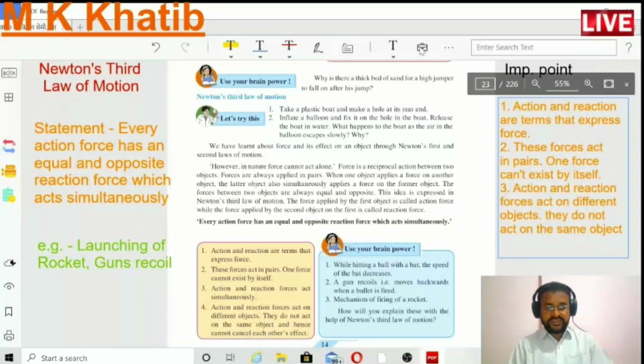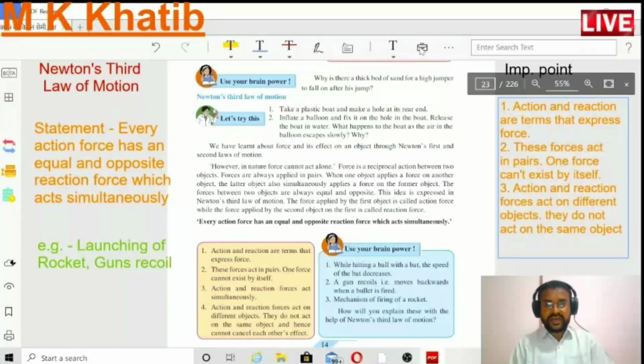During this study, we observed two laws before. In these two laws, Newton shows the force and its effects on an object. In nature, no single force acts on any body alone.